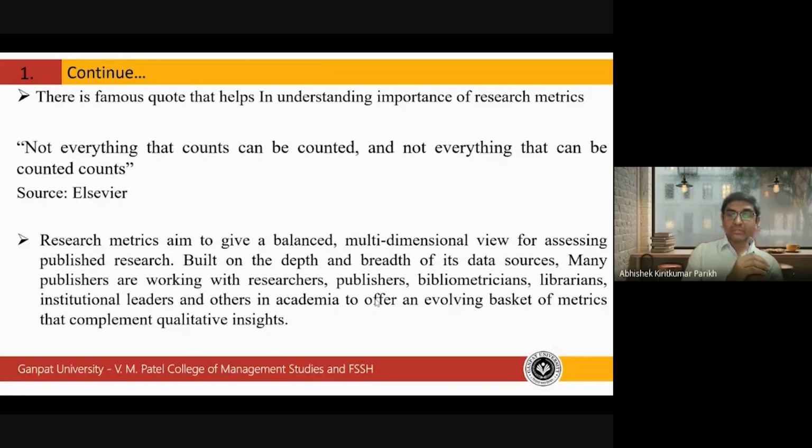What is the simple meaning of this statement? Many people are running behind the quantitative, like 400, 450, 500 publications. But if you are creating a publication without creating an impact in society, sorry to say this, it is completely waste.